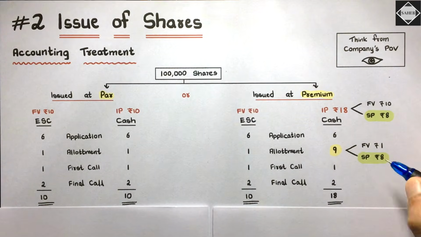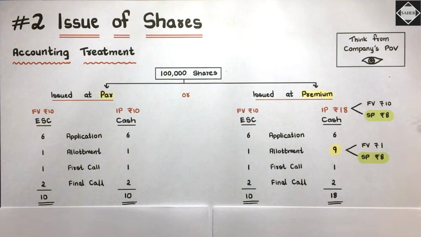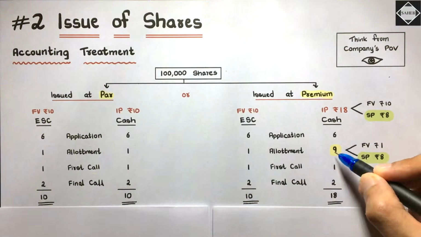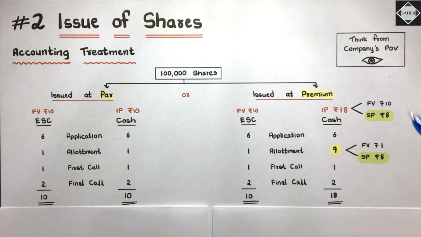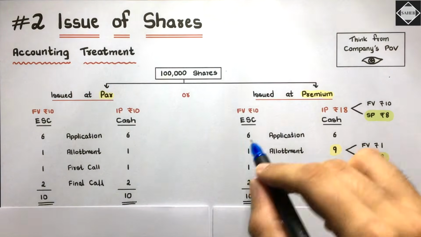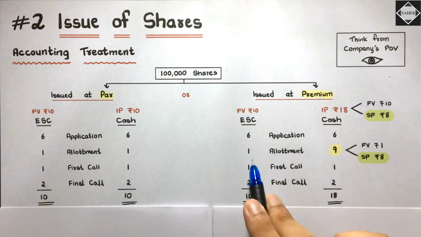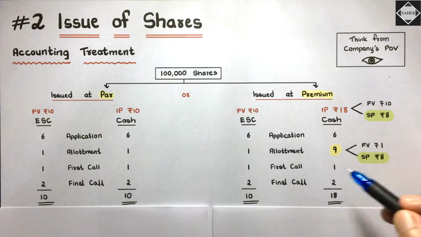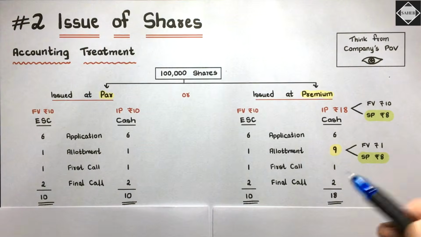How much premium? You already know 8 is premium, so 8 premium is hidden in this. So in this 9 rupees, face value is 1, remaining 8 rupees is the premium. So only face value will go to the equity share capital account. So here you will take 1. Is that clear? Simple. Then the question said 1 rupee first call, that's face value only. This 2 rupees also face value only, right?